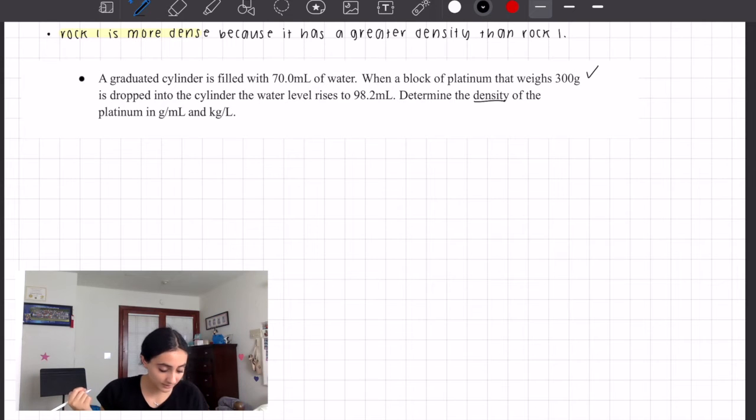So we know that the block of platinum was put into the graduated cylinder and the water level rose. That means the volume changed by the difference between these two volumes. Therefore, if you subtract the initial volume from the final volume, you will get the volume that the block of platinum has, because that is the amount that the volume rose by.